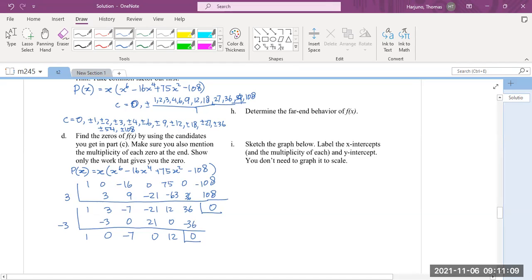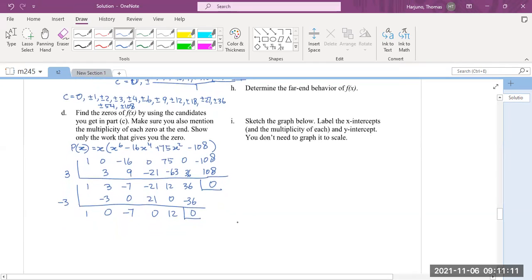At this point, we can actually update our rational zero theorem. That's factors of 12 over factors of the leading coefficient 1. But we already tried 1, it didn't work, and 2 didn't work. Will 3 still work?